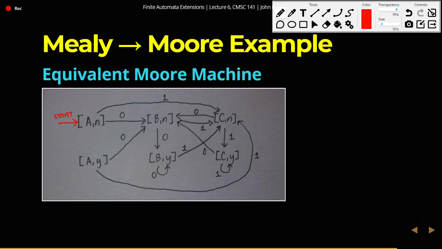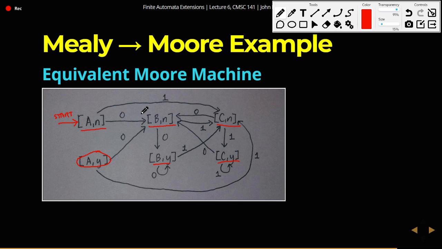So if this is the start state, what are the reachable states? So from AN, of course, I could reach AN, so that's good. I could also reach BN through this transition, so this is reachable. From BN, I could go to BY, so this is also reachable. I could also go to CN from here, and from CN, I could go to CY. However, you will notice that AY here is not reachable, right?